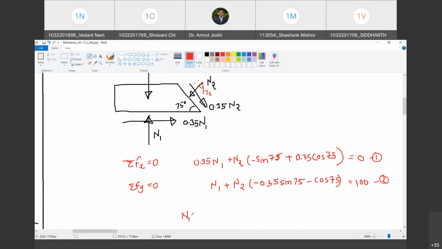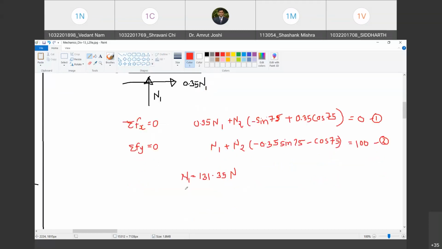I get N1 equal to 131.35. Is it right? Somebody please unmute and let me know. And N2 is equal to 52.52. Is it correct?